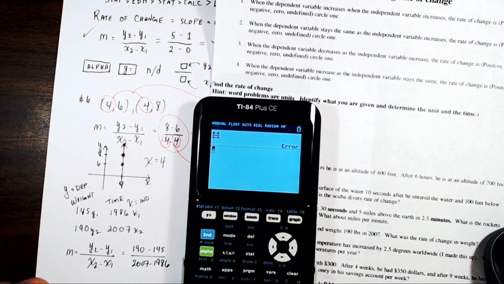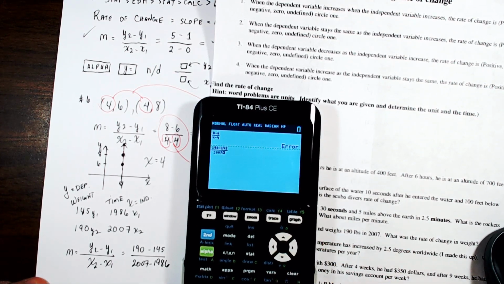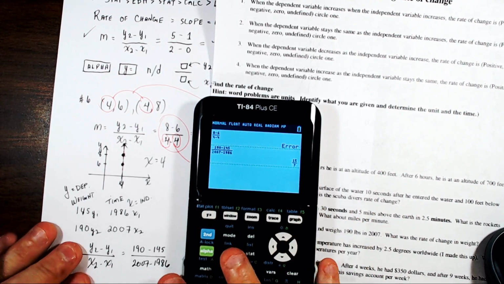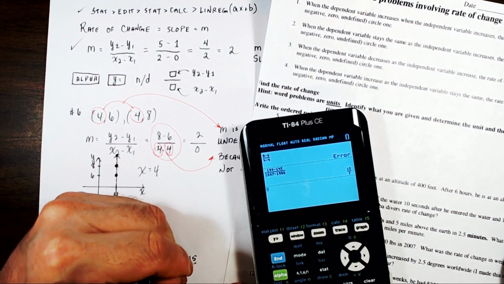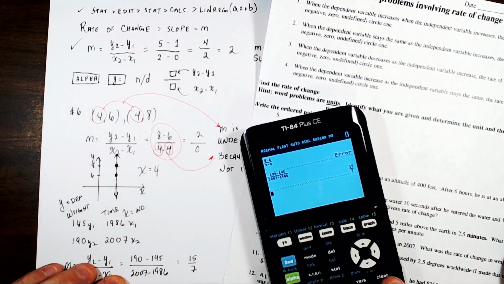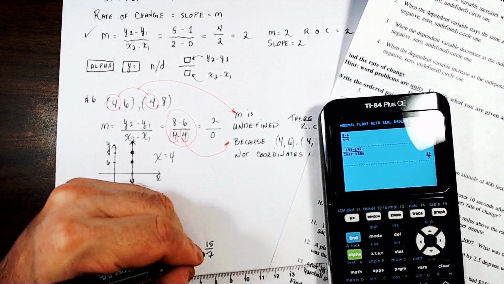Enter on n over d and put 190 minus 145 up on top in the numerator and 2007 minus 1986 on the bottom. And you get 15 over 7. This equals 15 over 7. If you care, you can stop right there, and that can be your answer, 15 sevenths.